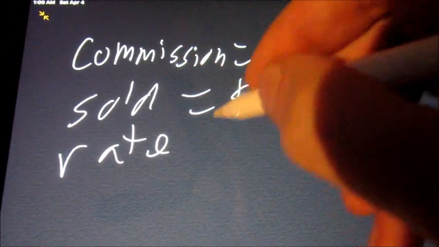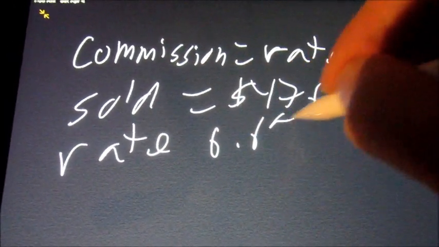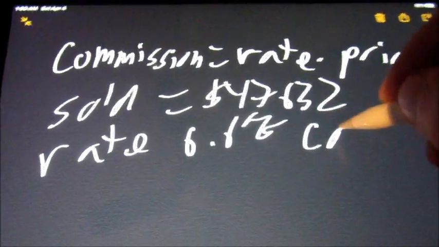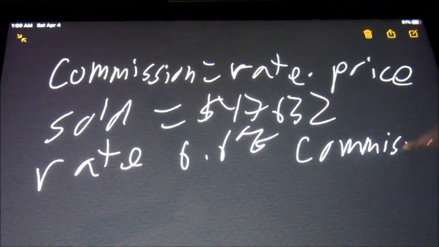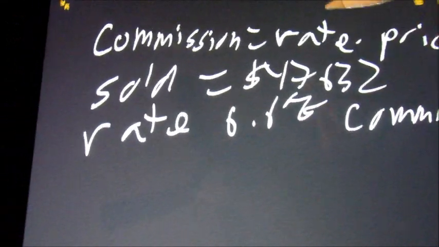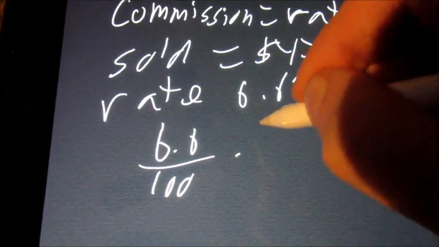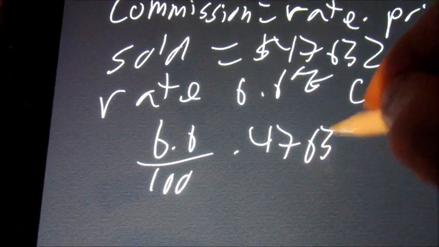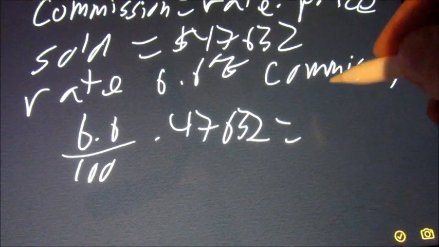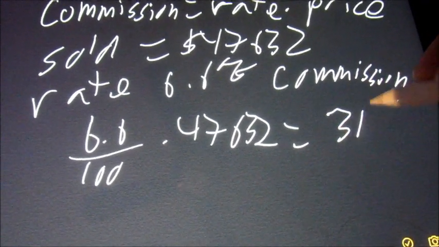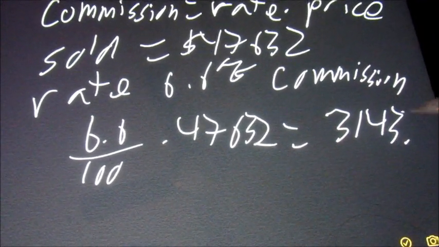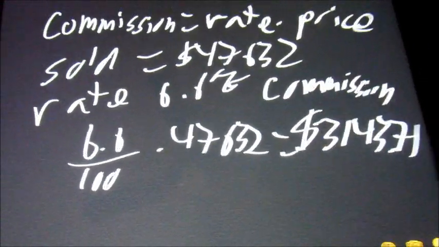Your rate is 6.6%. What is your commission on that? So we're going to say 6.6 over 100 times 47632. Your commission is going to be 3143.71.